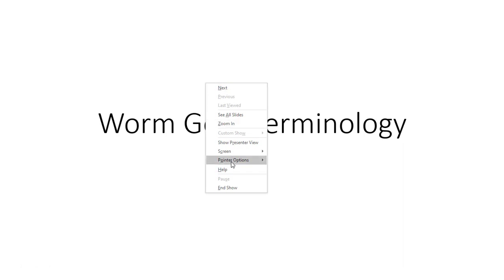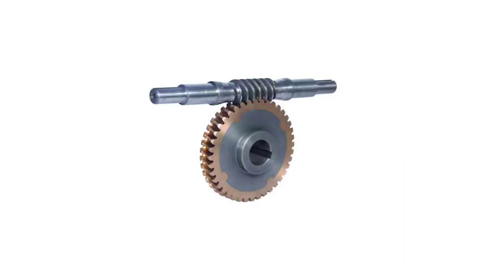We already saw a few gears which are used in our toys. You may see this type of arrangement in your toys. This is the worm and this is the worm gear.